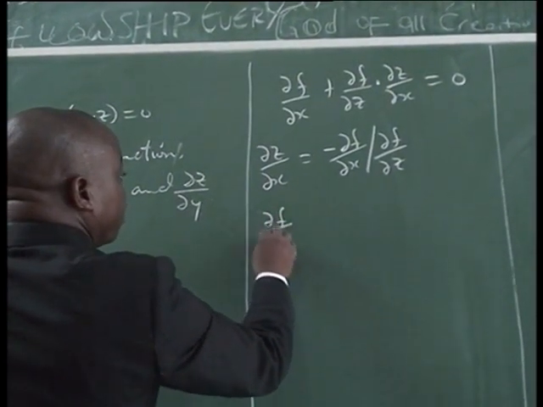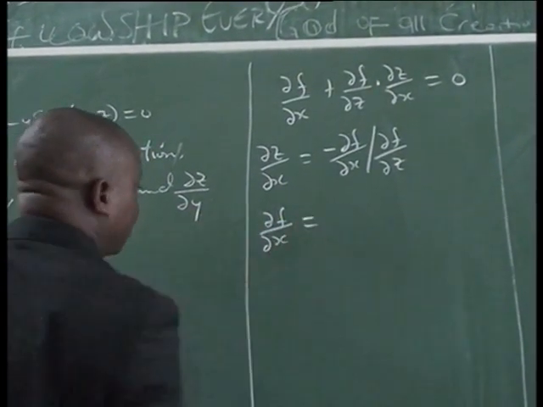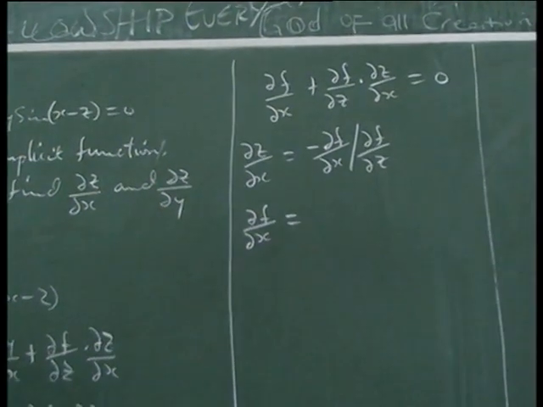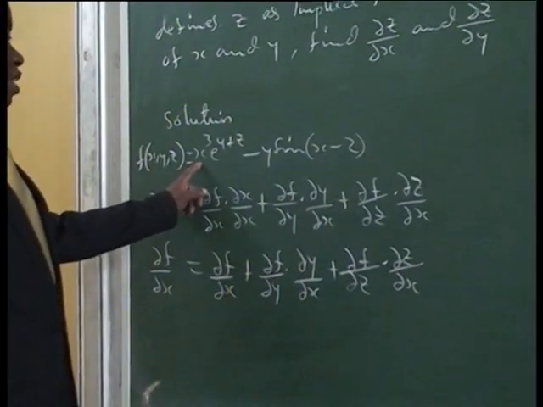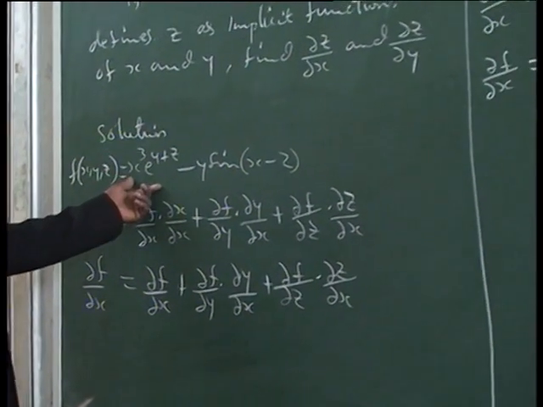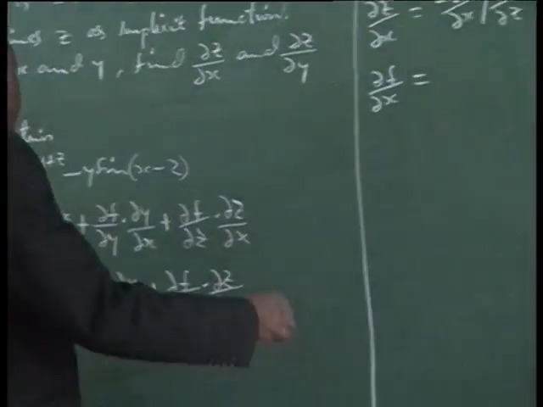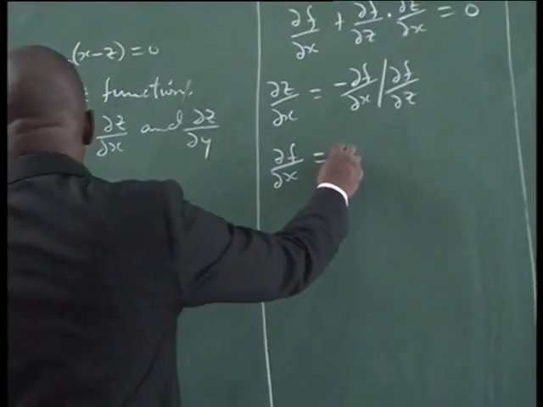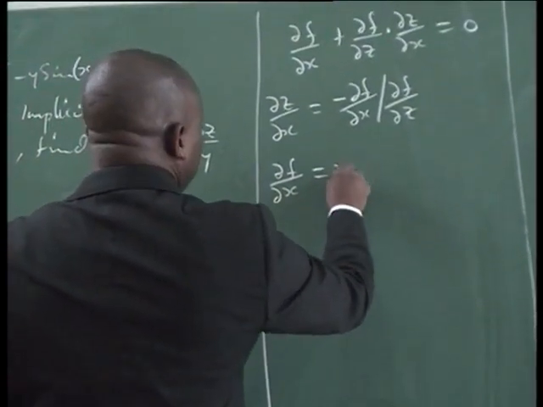Then we can now go to this function, and find partial f/partial x. Look at this, it will give us x cubed.